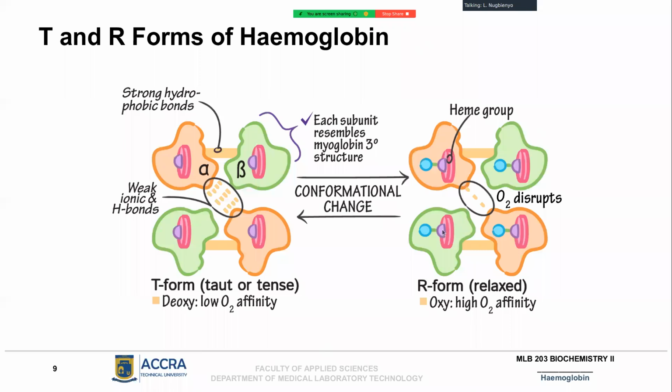Oxy, because the hemoglobin is now bound to oxygen molecules. And so the affinity increases because this hemoglobin molecule now becomes relaxed due to the conformational changes which occur when oxygen binds to the hemoglobin molecule. Is that clear?